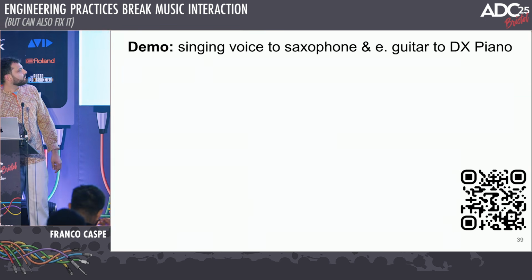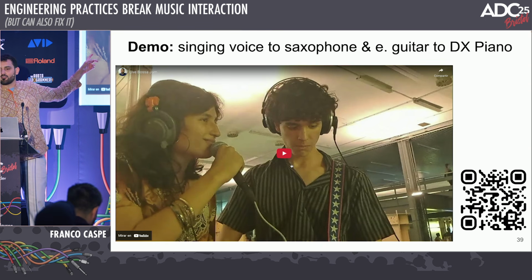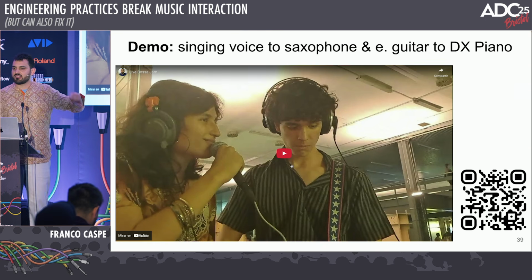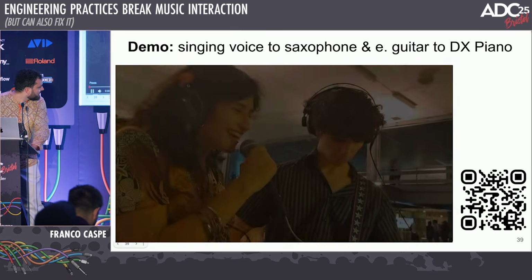And we're going to do a very quick demonstration here. This was at Sonar Festival. Two musicians popped by my stand, and without even knowing the system, they started to jam. And the system is really responsive and really intuitive. There's a woman singing and converting that to saxophone, and a man transforming the guitar into electric piano, a DX7 electric piano, by the way.